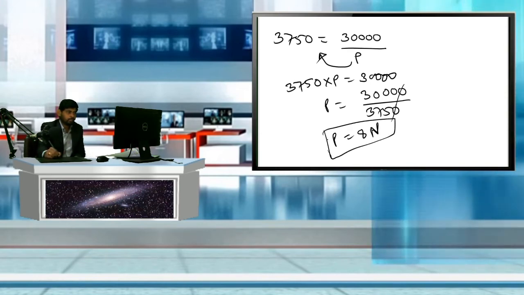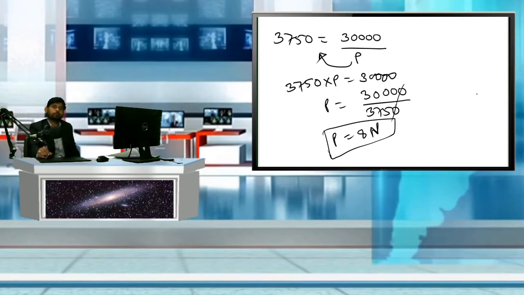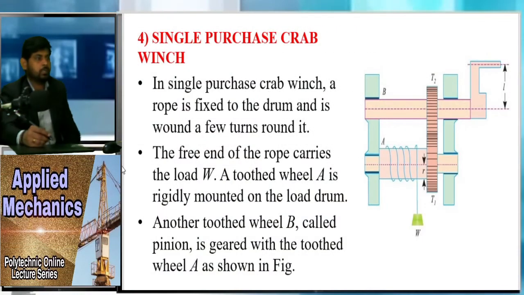So here your second problem based on the worm and worm wheel is over. Similarly, you can solve a number of problems by using these terms or these equations. After that, our next lifting machine is the single purchase crab winch.